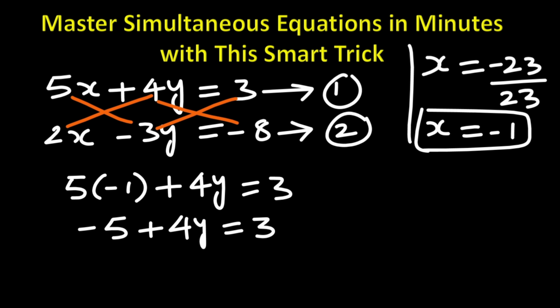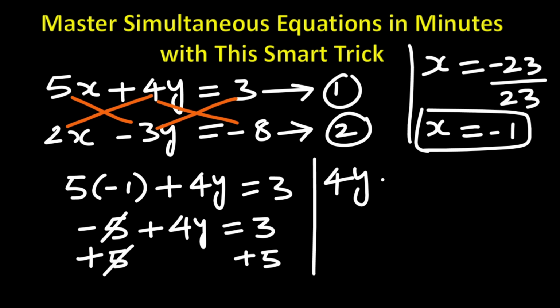Now to solve for y, the first step is to add 5 on both sides of the equation so that you can cancel out this 5. So we have here 4y equals 3 plus 5, that's going to be 8.